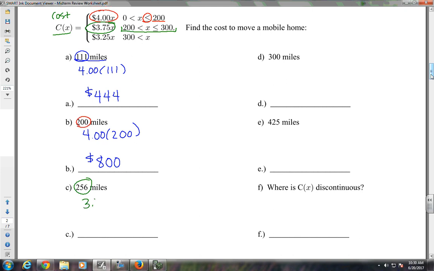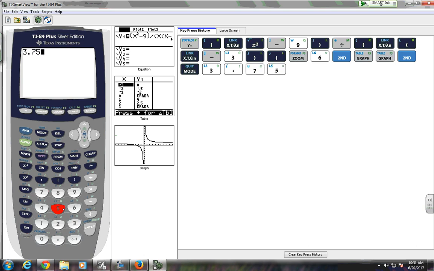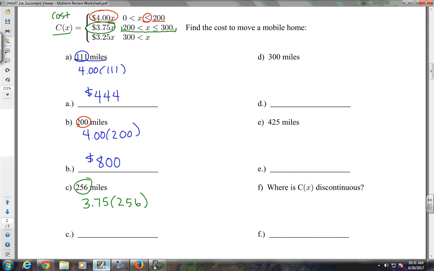We have 3.75 times 256. I'm going to pop over to my calculator to evaluate that. 3.75 times 256 gives us 960. So the cost in this case is $960. Are you getting the hang of it?